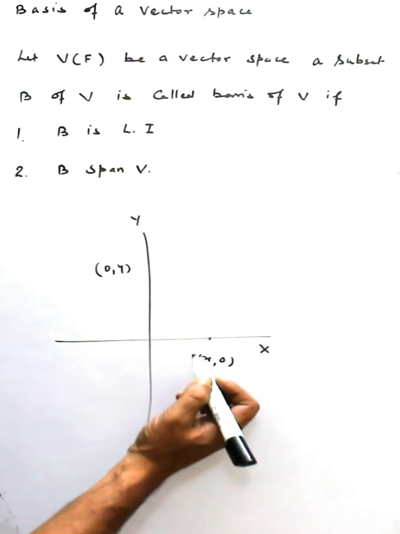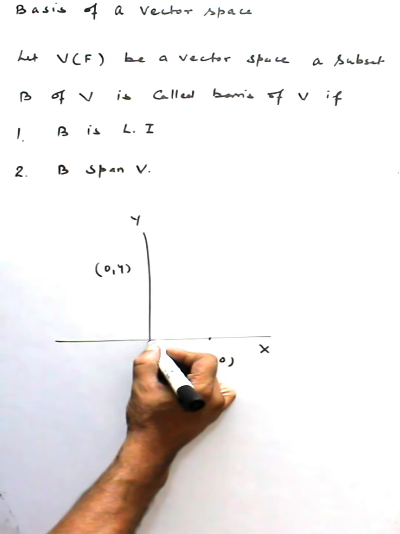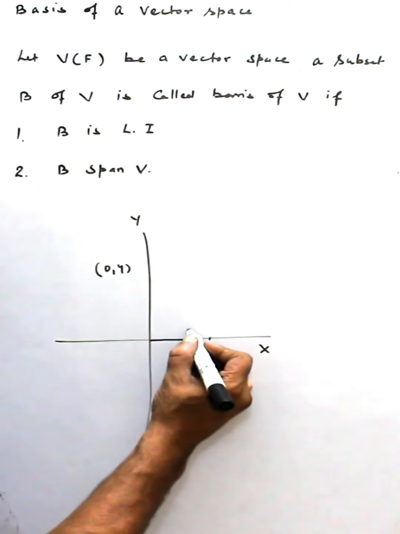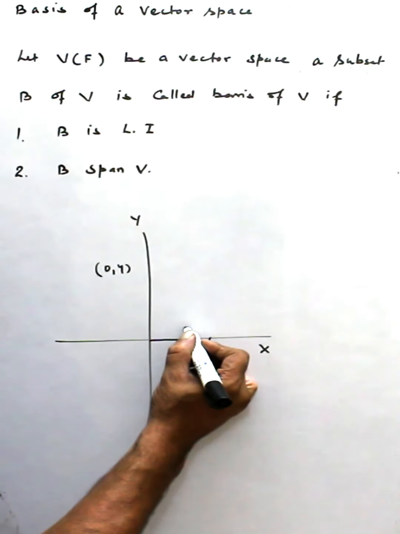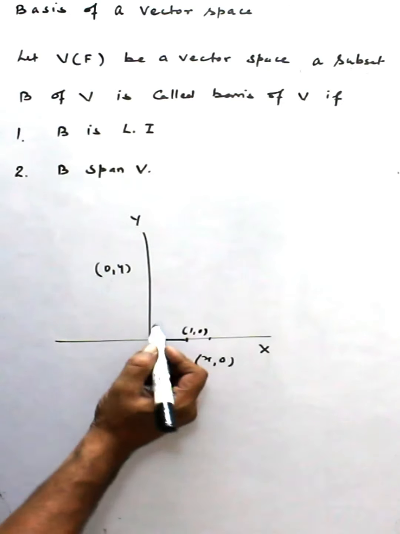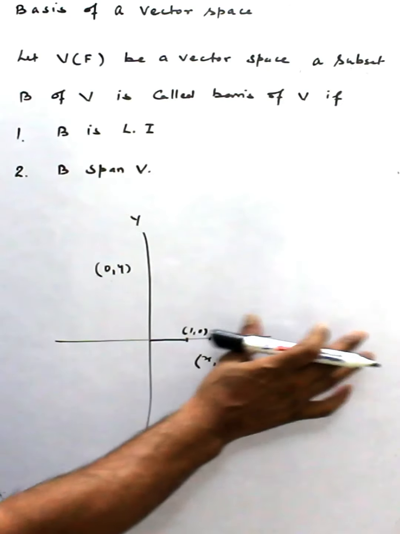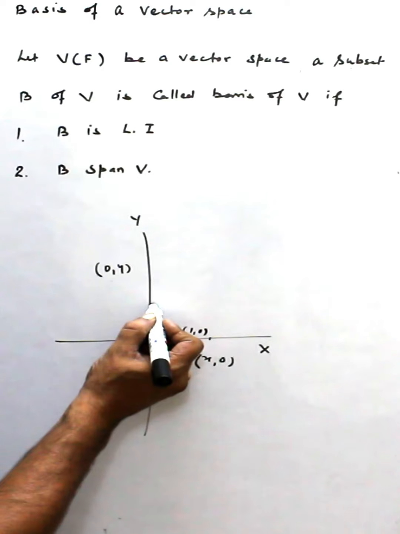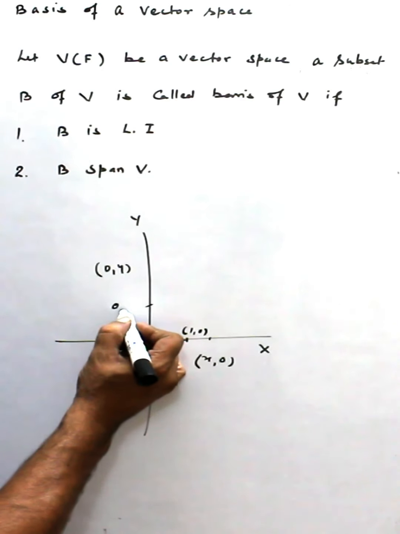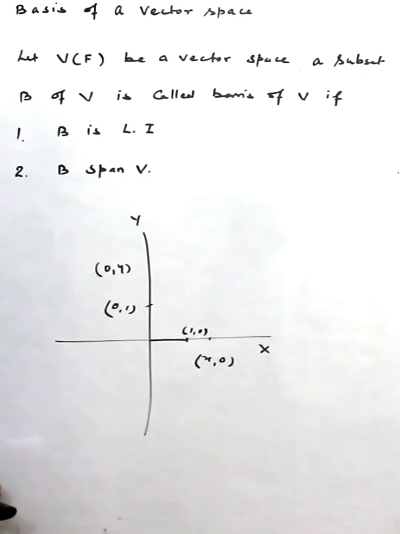So I take the unit vector (1, 0), which is the basis of this line, and here I take the unit vector (0, 1).